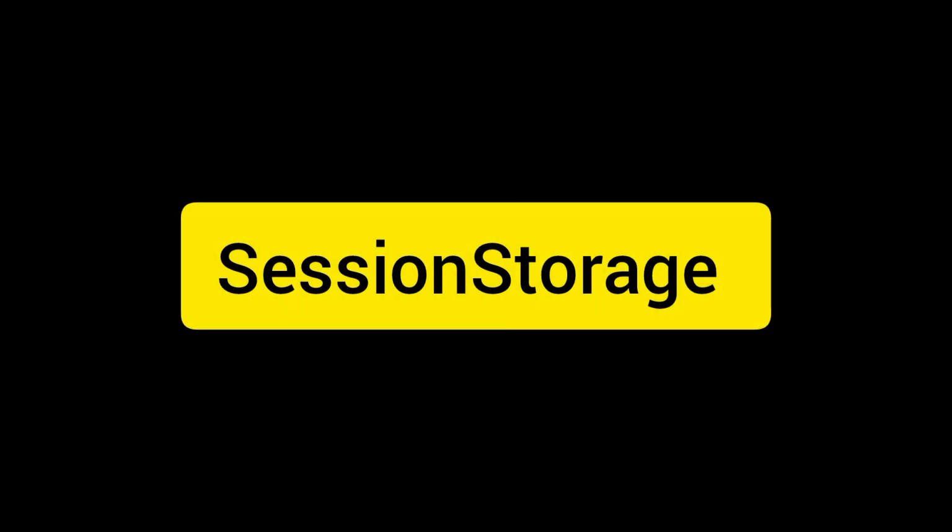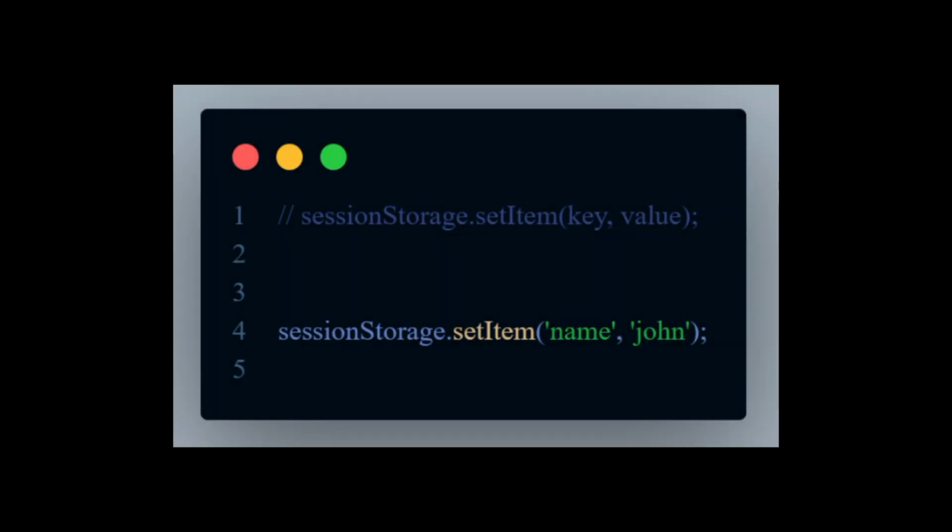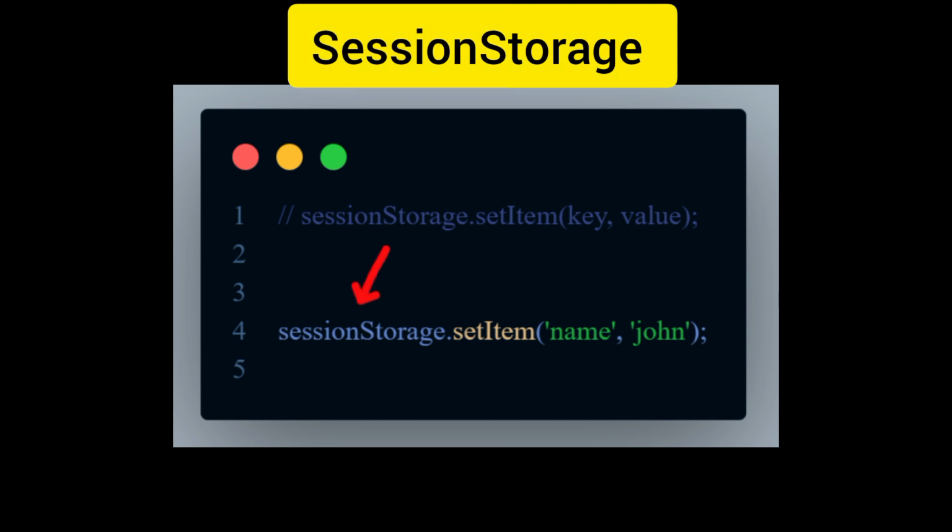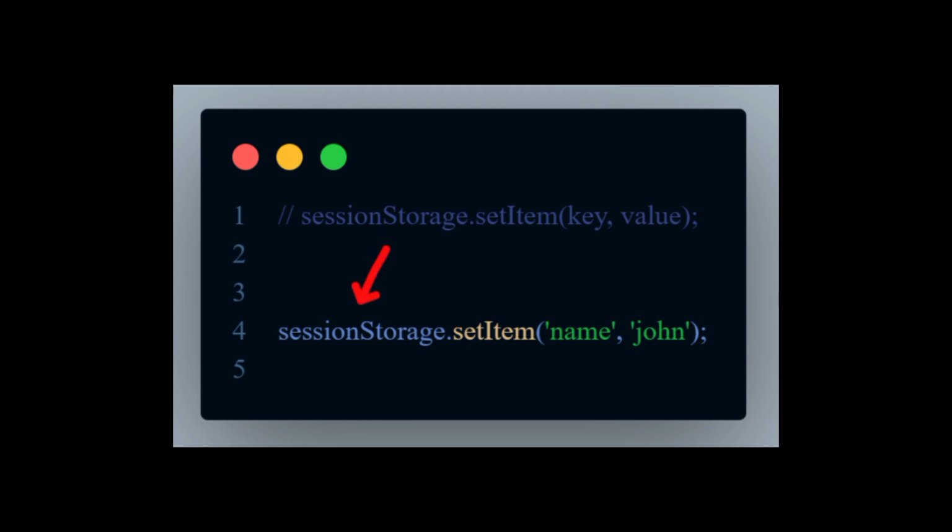If this is the first time you're looking at it, it looks similar. Yes, of course it does, but they serve different purposes. The only difference here is sessionStorage and localStorage. That is the keyword here. We use sessionStorage here instead of localStorage. We're also saving the name John to the browser.